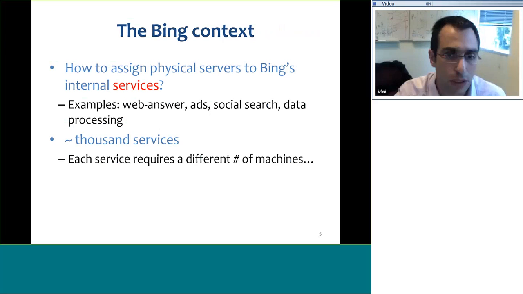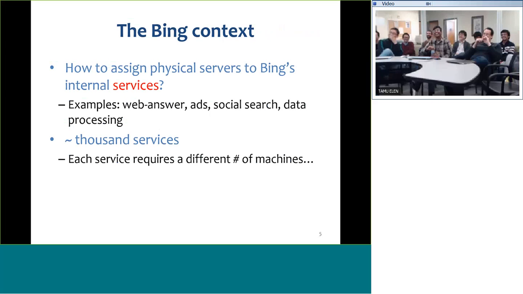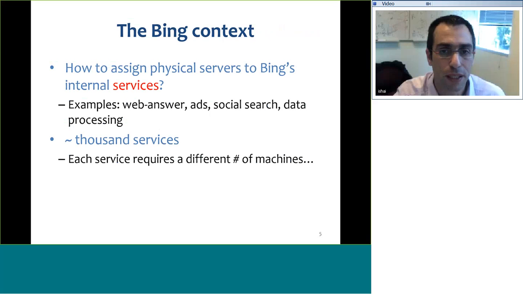So the Bing context, which I actually started working on with the Bing folks. For those of you who don't know, Bing is the search engine that becomes more and more popular. Bing has its own data centers, and services of Bing include the web answer, supplementing ads, social search, and data processing.